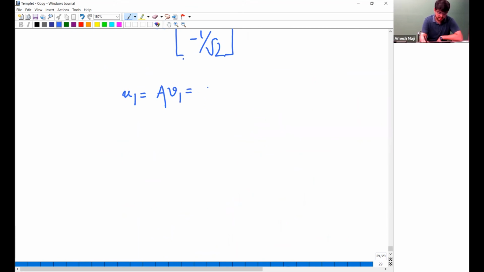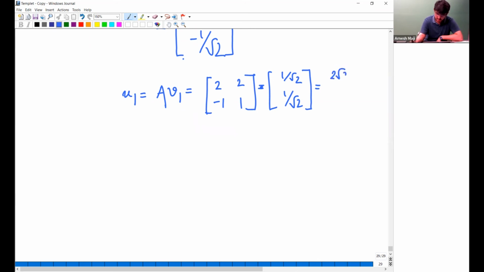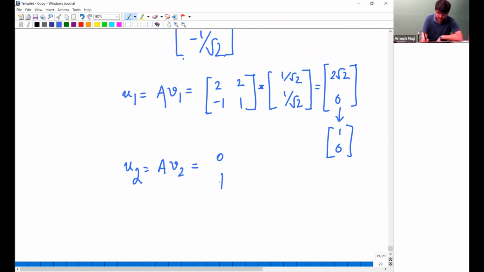So then we will get as... so if we just orthonormalize it, we will get as, so these two are similar. U1, U2 will be AV2, which will be 0, 1.